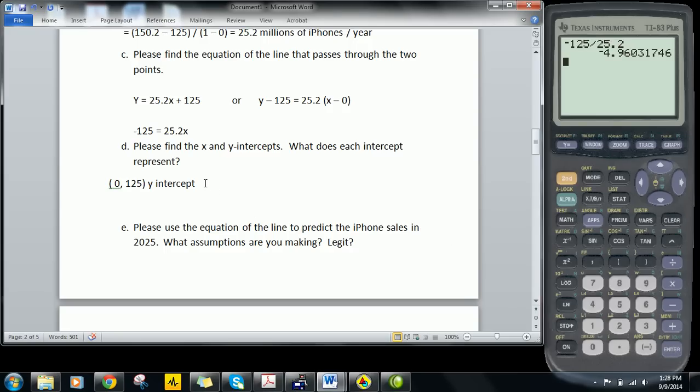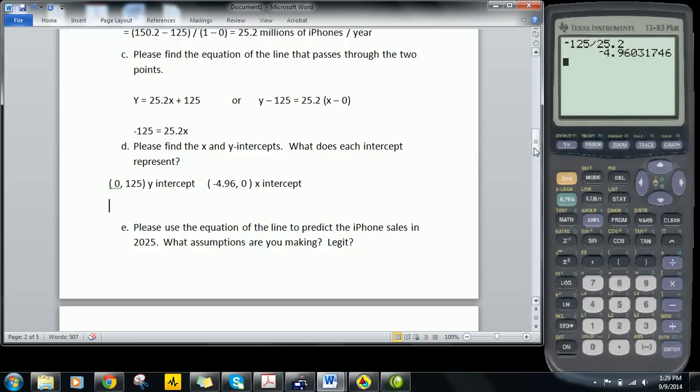So therefore, negative 4.96, comma 0 is my x-intercept. Okay, now let's get a little fun. And this, of course, would mean the year during which we sold 0 million iPhones.